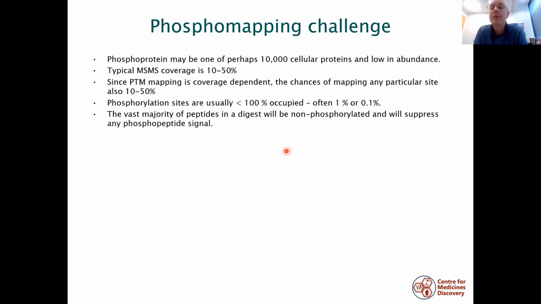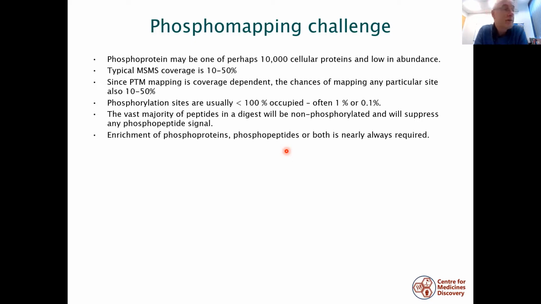So there is a risk that these peptides will suppress any phosphopeptide signal you're looking for. Because of that, it's pretty much essential that you enrich. You either enrich for phosphoproteins or you enrich for phosphopeptides or both, and this is nearly always required.